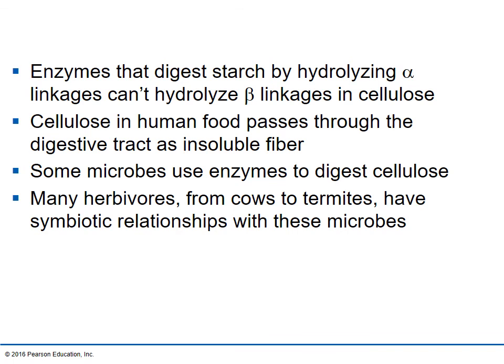However, the microbes in their gut can break it down. Same thing goes for us. Cellulose in human food, it says, passes through the digestive tract as insoluble fiber. So that's where your fiber is from. Your fiber is from the carbohydrates, reinforcing the fact that they're not all sugars and that they're not always sweet.